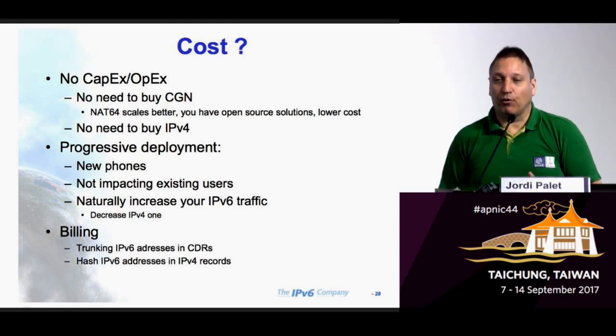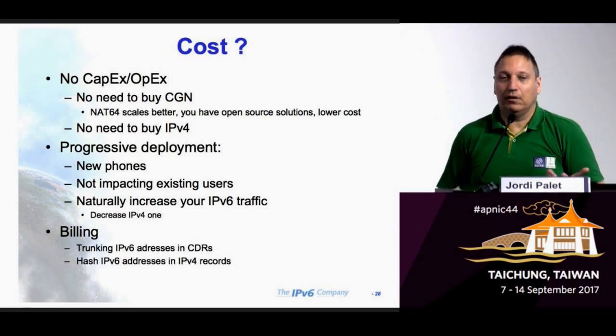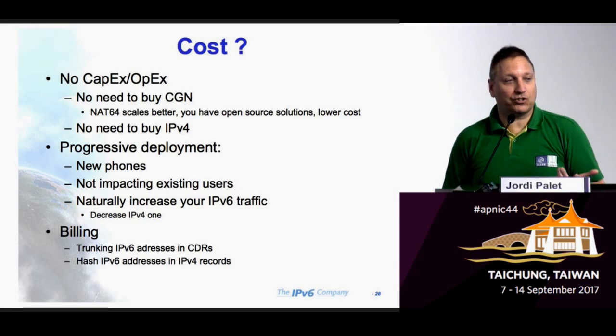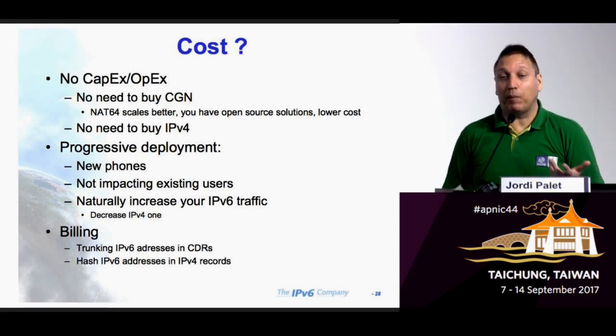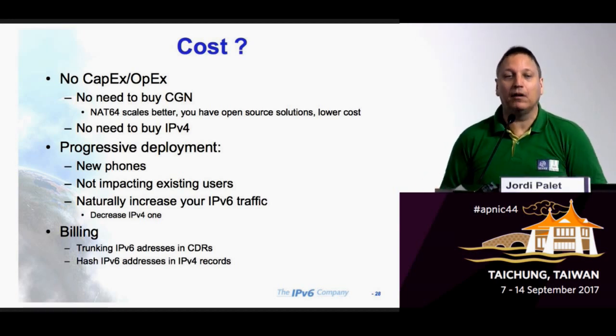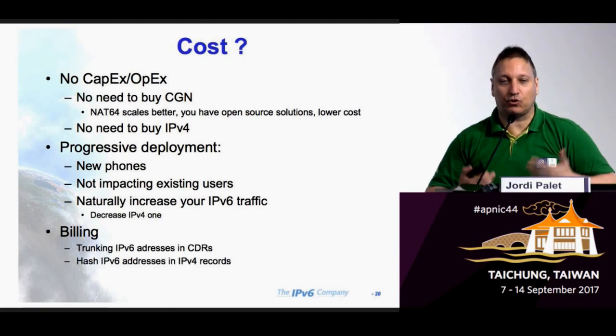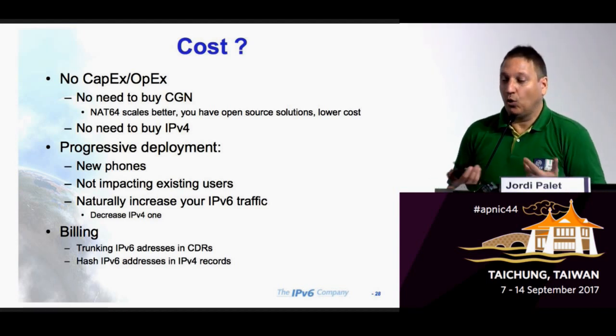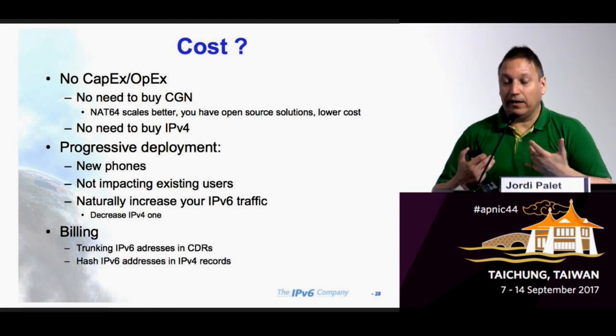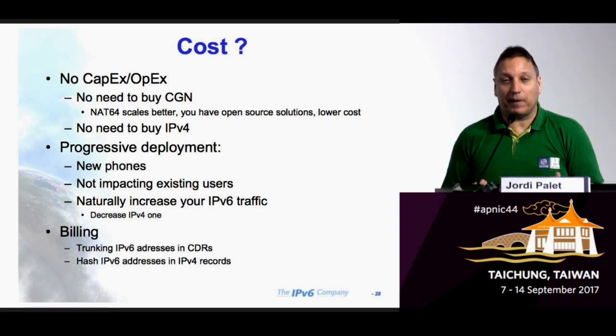So maybe for a big network, you need 5 carrier-grade NAT boxes. And if you need 5, you will buy 10 because you usually want to have high availability. So you will buy double, or maybe not double, but instead of 5, you will have 6 or 7 boxes, right? While in NAT64, because it scales better, you will have fewer boxes.